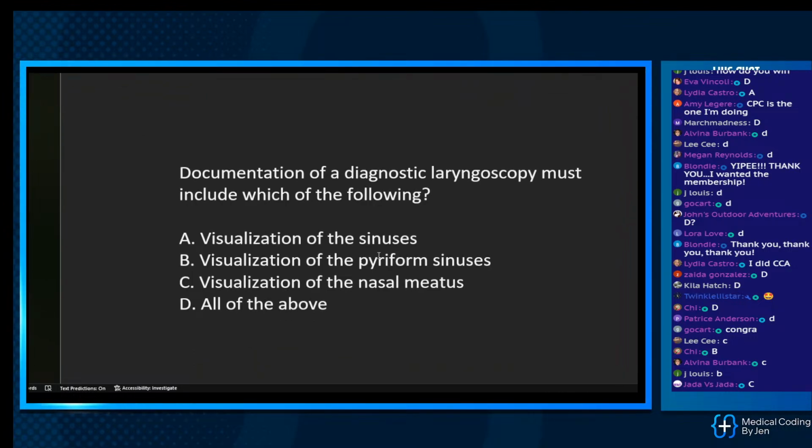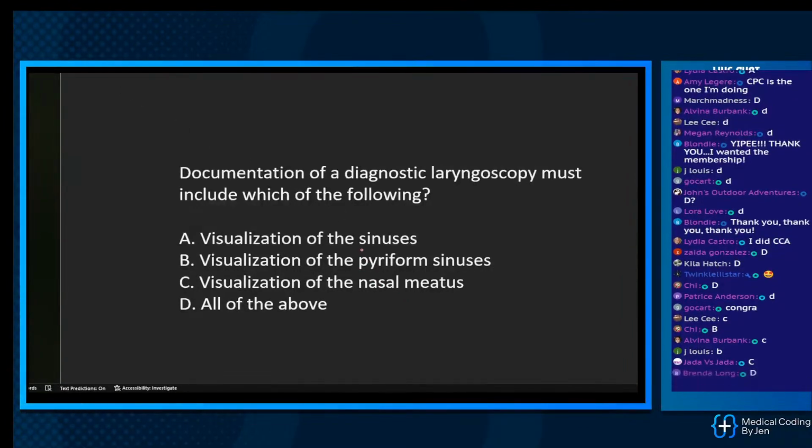Documentation of a diagnostic laryngoscope must include which of the following? So we're looking for correct answers. Are we going to be looking for any of this stuff, or is it all of the above? What do we think?